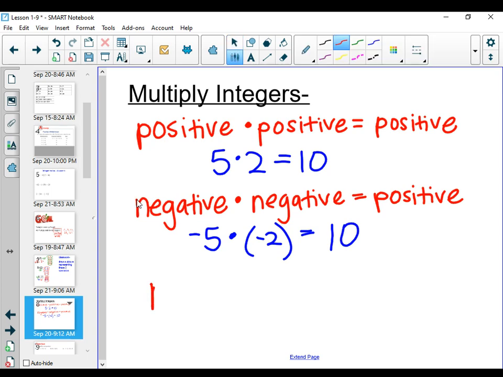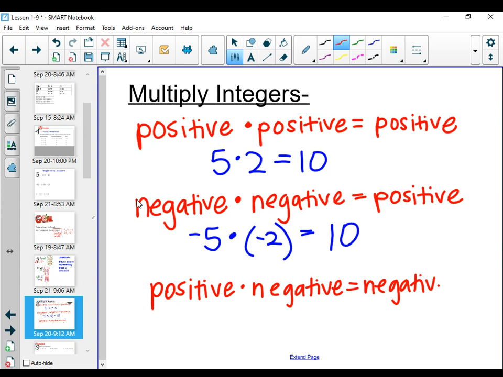And then the third option, when you have one of each, a positive and a negative, you will get a negative answer. And actually, these two can be in any order. If the negative is first and the positive is second, you will still get a negative answer. If you need more time to write that down, please pause the video.